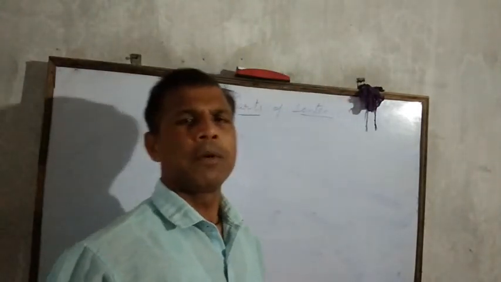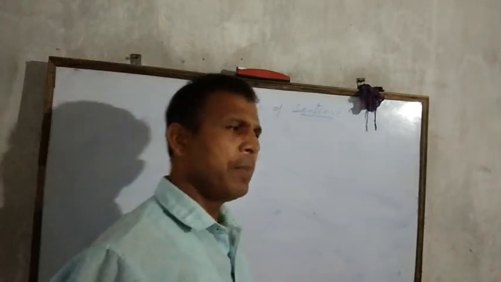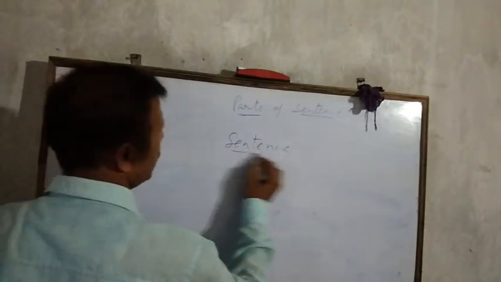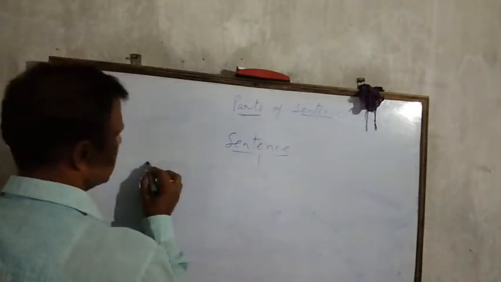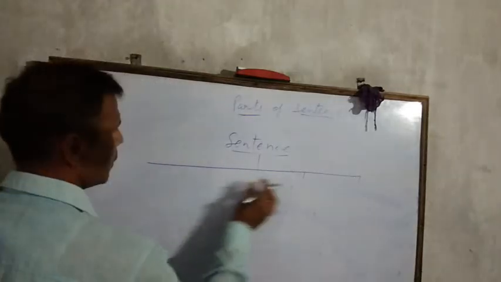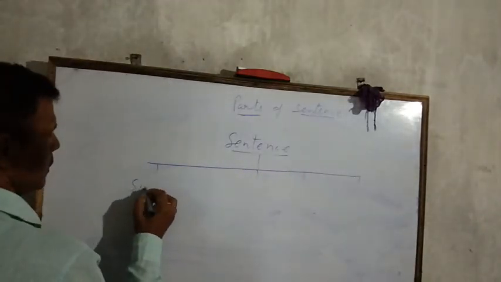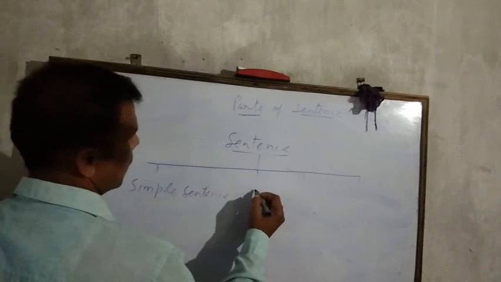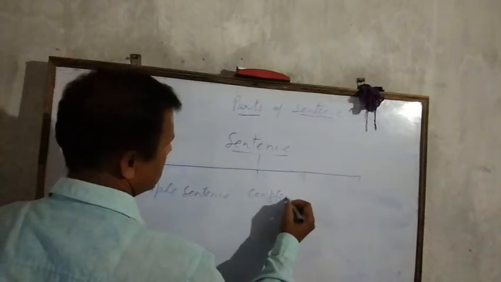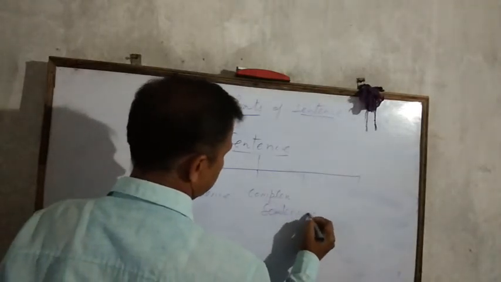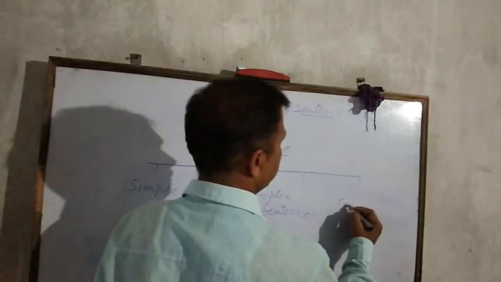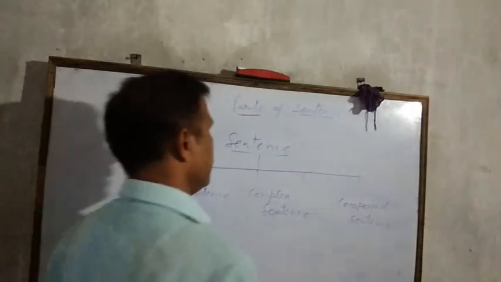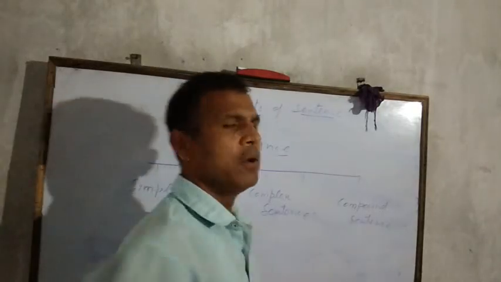But actually a sentence has only 3 kinds: simple sentence, complex sentence and compound sentence.